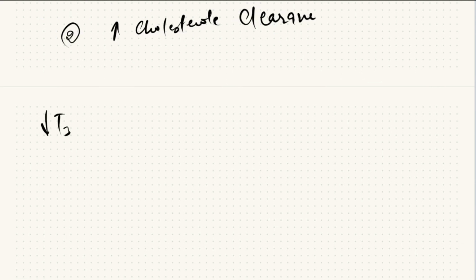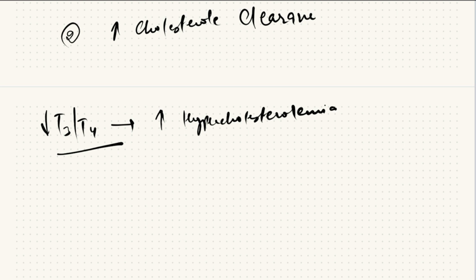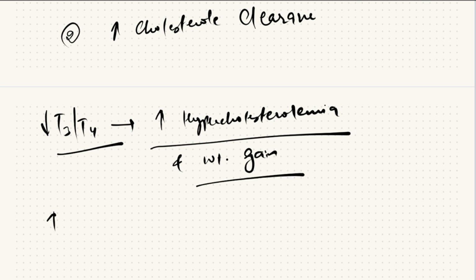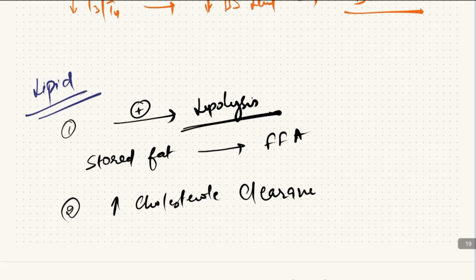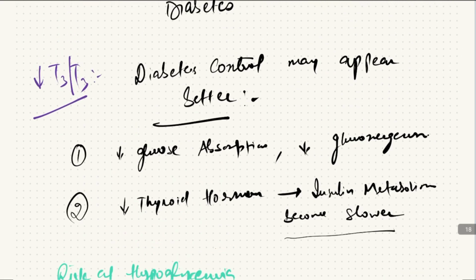That's why in hypothyroidism, there is an increased risk of hypercholesterolemia and weight gain. In hyperthyroidism, there is lower serum cholesterol, fat loss, and ultimately weight loss. So these are the effects of thyroid hormone on carbohydrate and lipid metabolism.